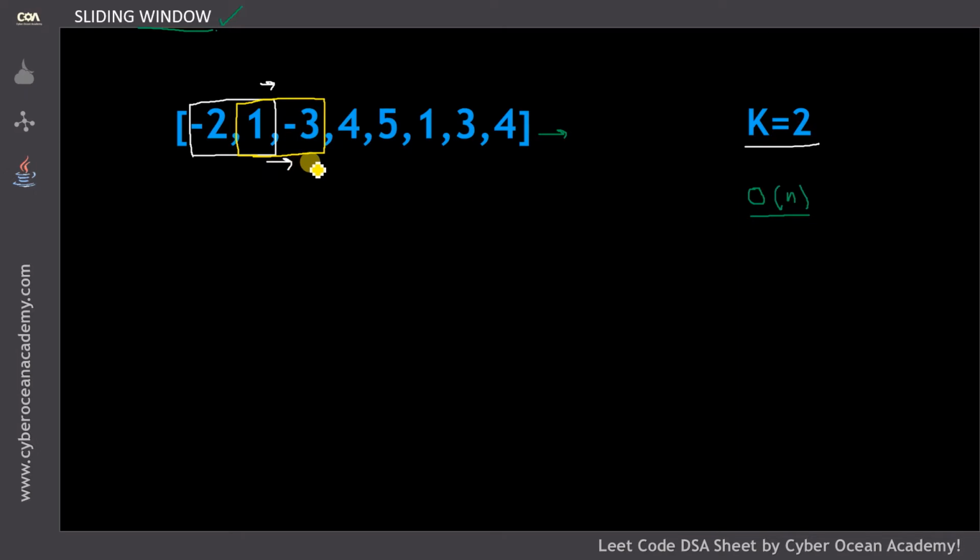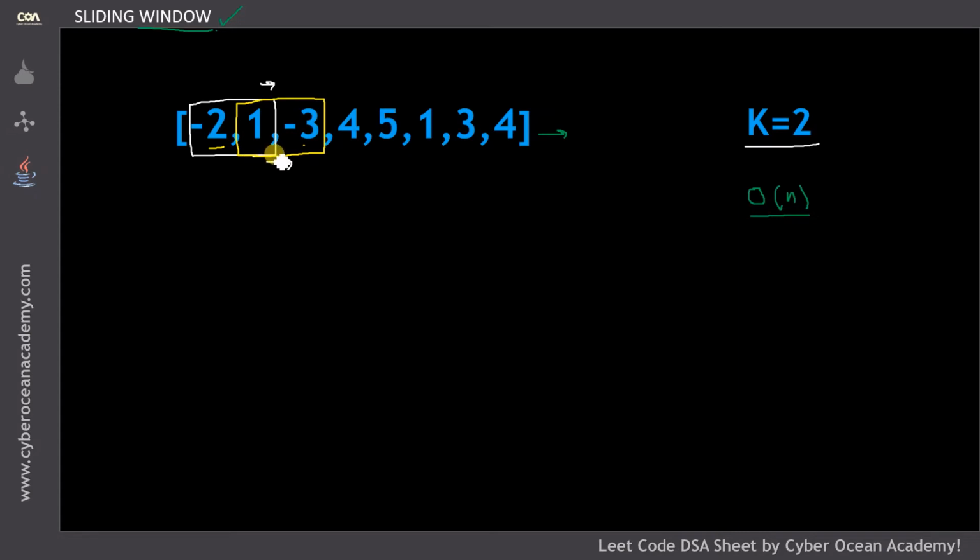Here you leave this element, minus 2, and you just add minus 3 inside the window. Again you slide forward, and here you just add a new element.